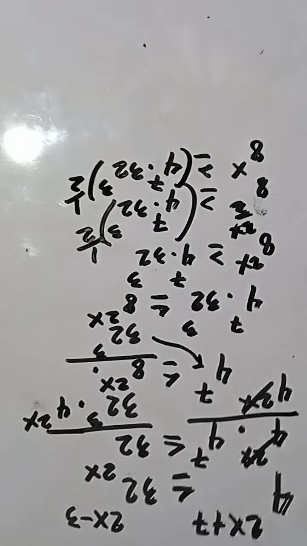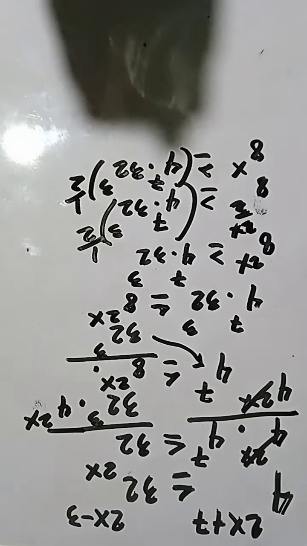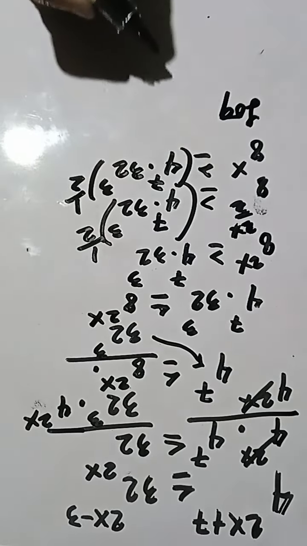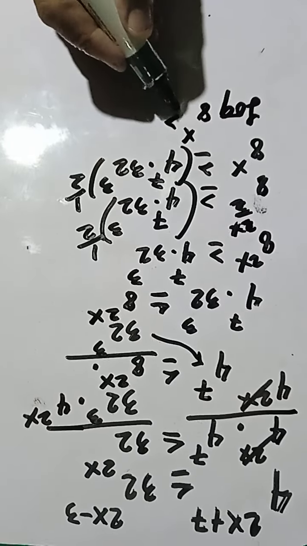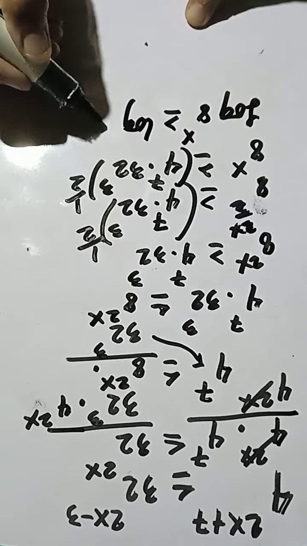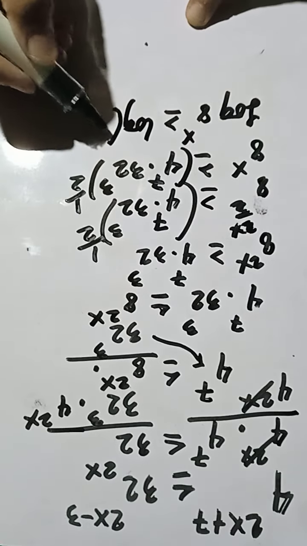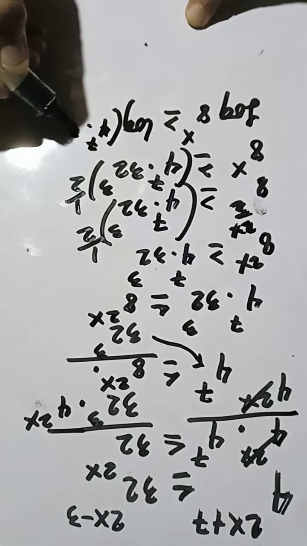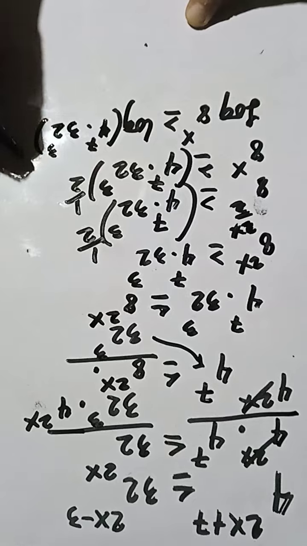Now we will use the logarithms. Log 8 raised to x is greater than or equal to log of 4 raised to 7 times 32 cube, raised to 1/2.